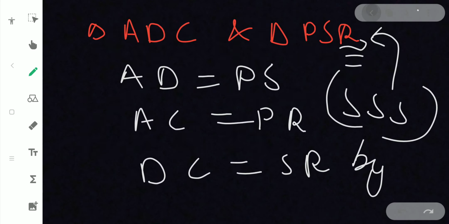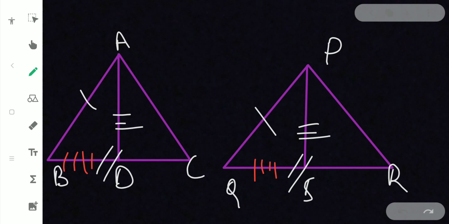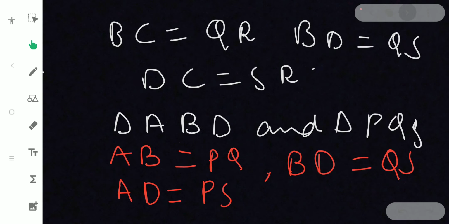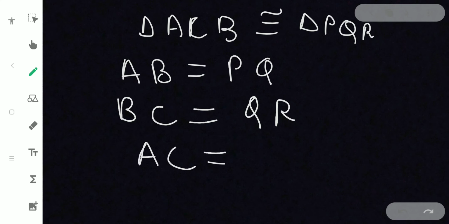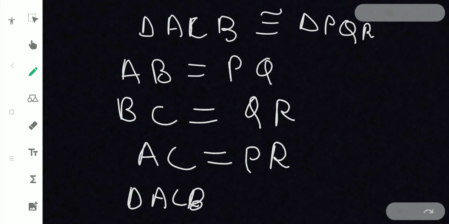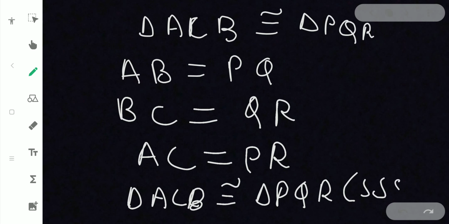AB is equal to PQ, BC is equal to QR, and AC is equal to PR. I hope you understood. Triangle ACB is congruent to triangle PQR by SSS.